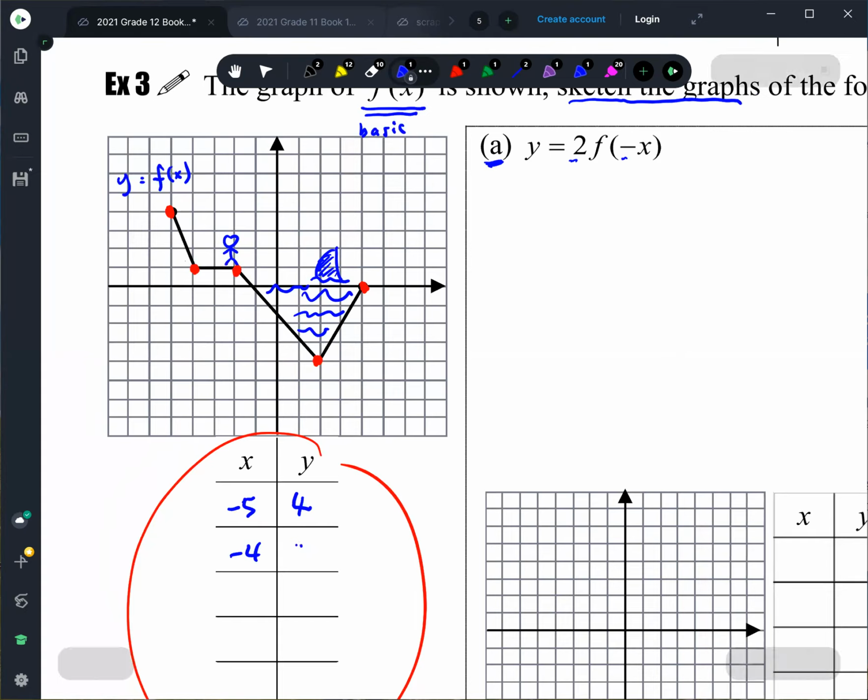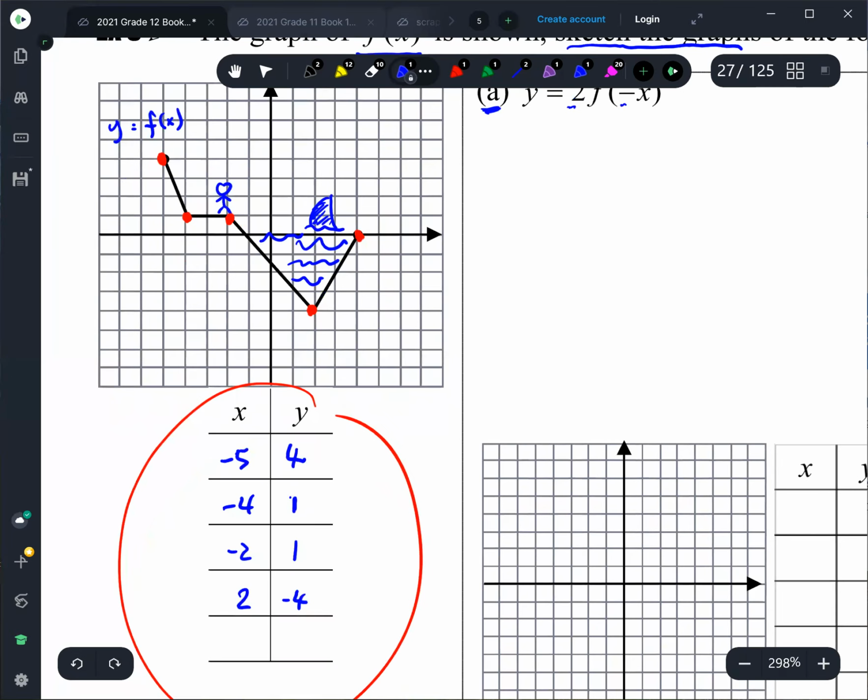Okay. Next one, -2 and 1. Then 2 and -4. And 4 and 0. Yes, okay, now you got it. So we have these 5 points.